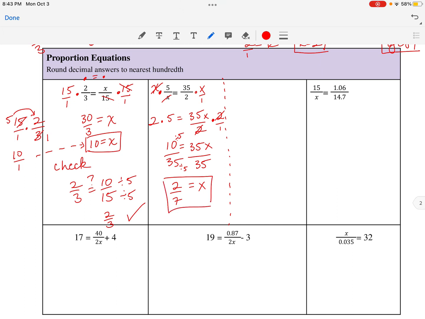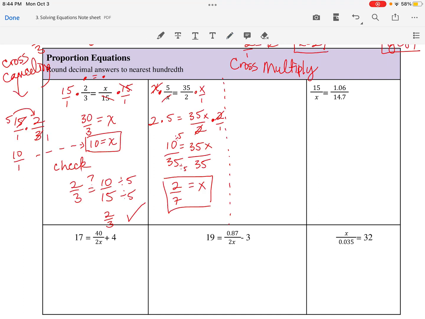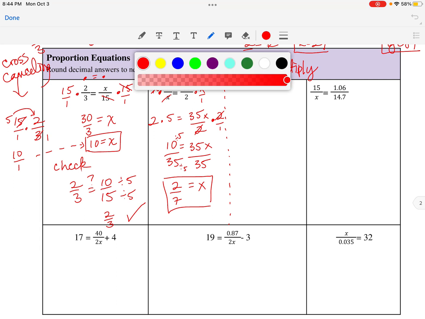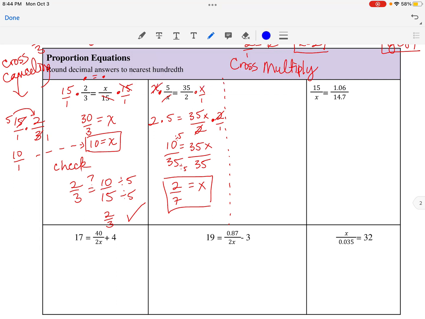Now I'm going to do the cross-multiplying method. So let's write that up here. Cross-multiply. Not the same as cross-canceling, which we did here. We can label that here, cross-canceling. Cross-multiplying is different. Cross-multiplying is a technique where, let's do this in a different color, in blue.